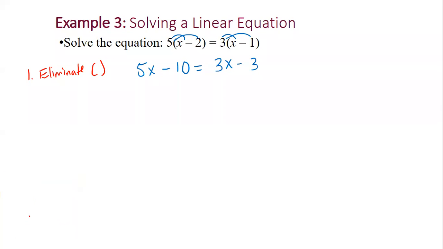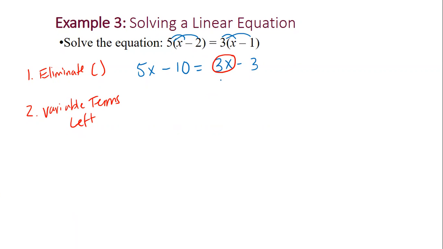Okay, still with me? Step 2, for the sake of simplicity, my step 2 is always move the variable to the left. It doesn't matter whether you move the constant or the variable, but for the sake of simplicity, I encourage you to move variable terms to the left. So in this case, I want to move the 3x.